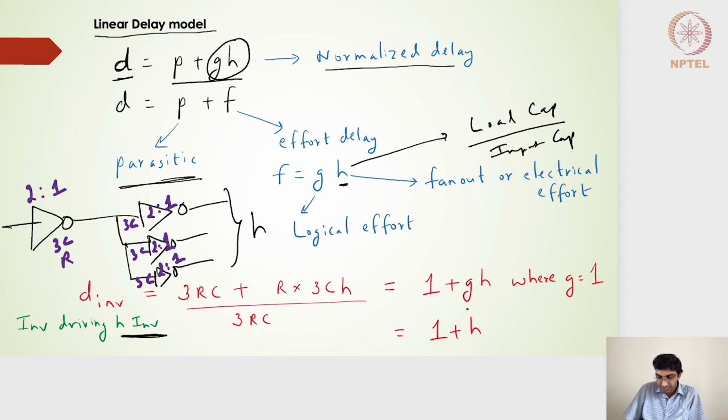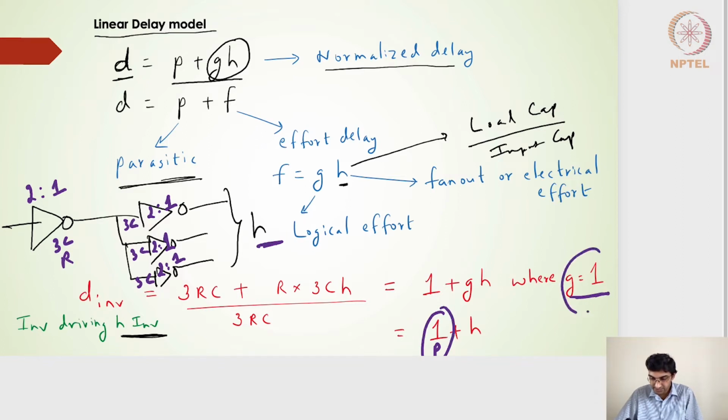Finally I get 1 plus G into H, so P plus GH, where P is 1, G is 1, and H is the number of inverters we have designed for the second stage.